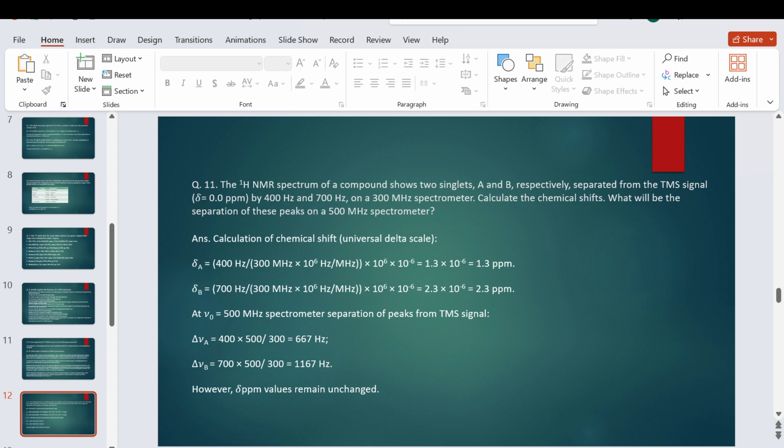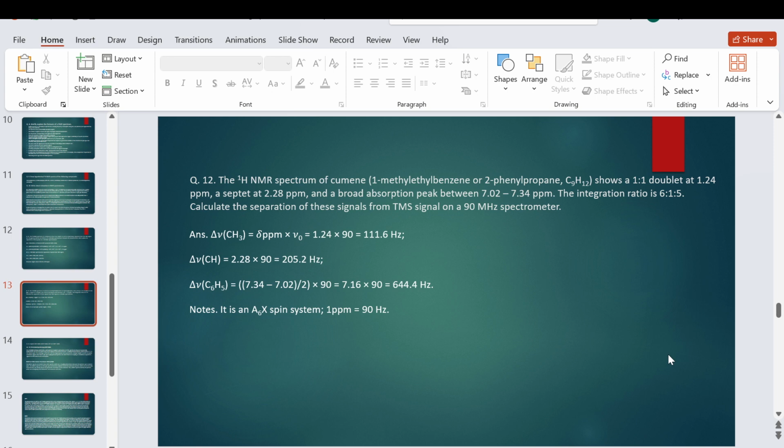Similarly, 700 Hz divided by 300 MHz comes out to be 2.3 ppm. When the spectrometer frequency is 500 MHz, the separation delta nu A is 667 Hz, delta nu B is 1167 Hz. However, delta ppm values remain unchanged. That is the beauty of the universal scale delta.